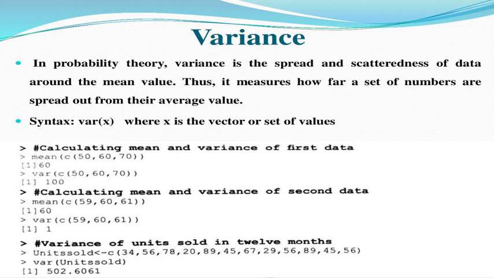The mean value of the second data set is the same as earlier, 60, while the variance is 1. This means that the values in the vector are closer to the average value in the second case. Thus, for better determination of the values, it is better to consider variance. The next function determines the variance of the vector units sold.